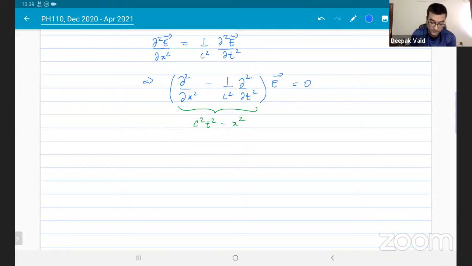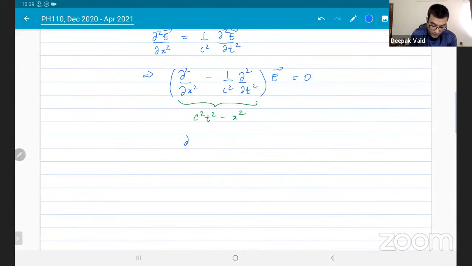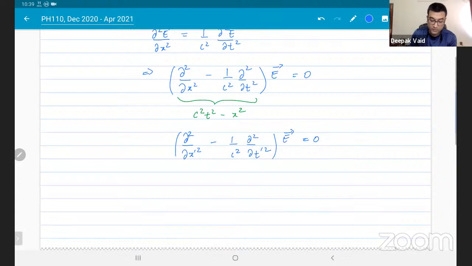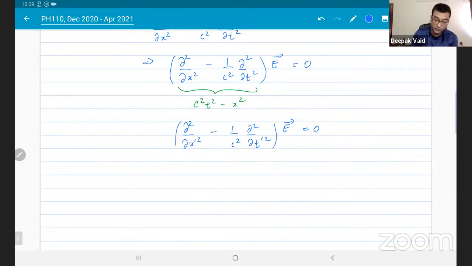And if we want to switch to a different frame of reference, with x prime, then this would be the Maxwell equation in the new frame of reference. Again, we have c squared t prime squared minus x prime squared.